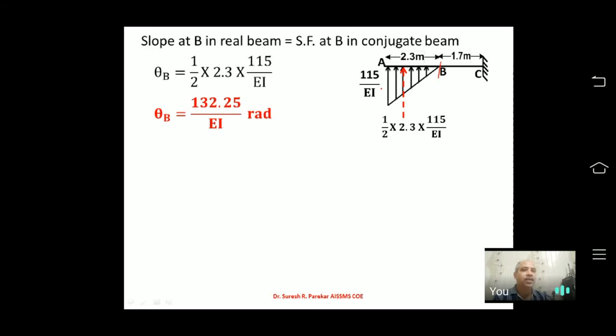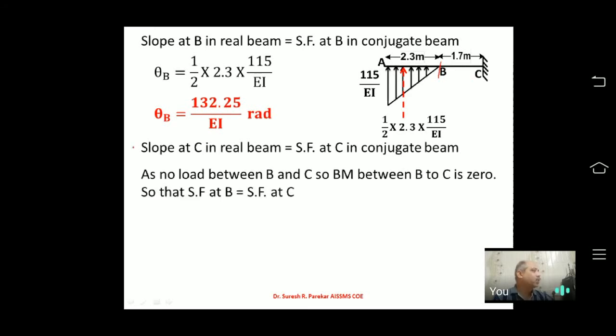And with positive shear force we have clockwise. Now you can go for the slope at C in the real beam. Is there any change in the slope? No. Whatever loading diagram we have in AB, we have the same in AC, because no loading is between B and C. So whatever shear force is at B, the same shear force will be at C. So the values of theta B and theta C are the same.